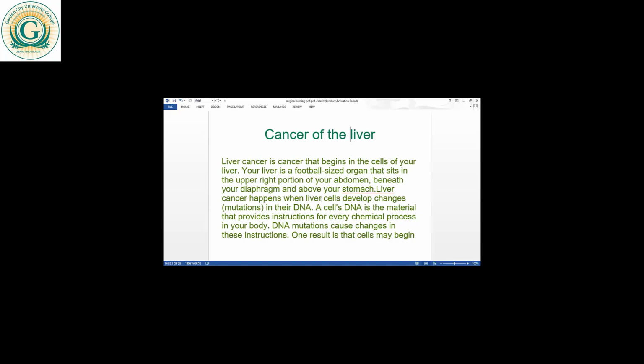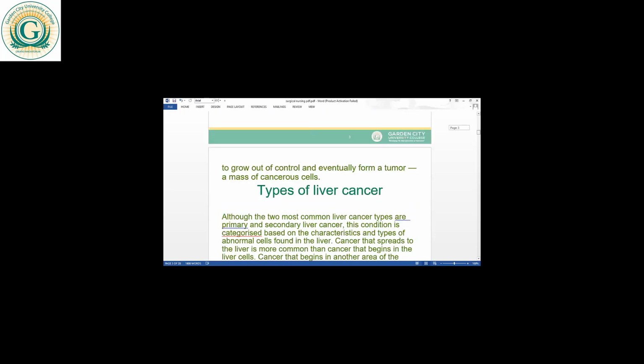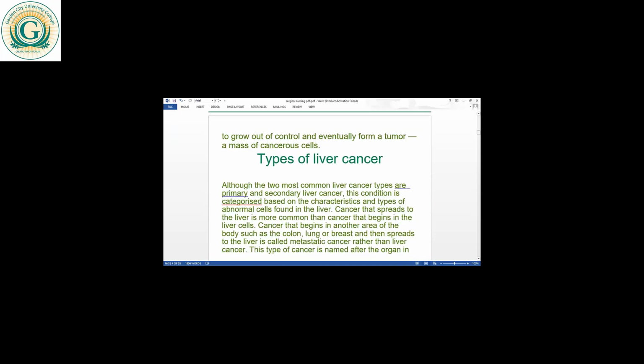A cell's DNA is the material that provides instructions for chemical processes in your body. DNA mutations cause changes in these instructions. One result is that the cells may begin to grow out of control and eventually form a tumor, that is a mass of cancerous cells.